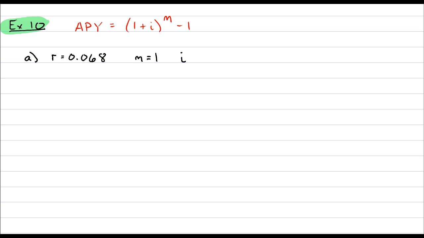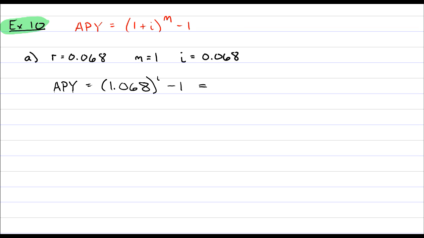So i, in this case, is r divided by 1, so I get 0.068. So my APY here is going to be 1.068 raised to the m, minus 1.